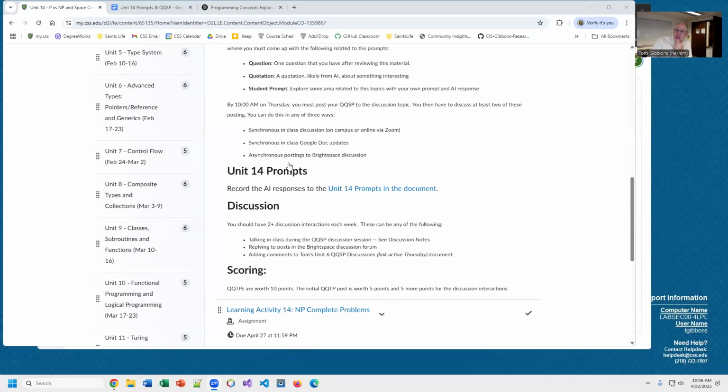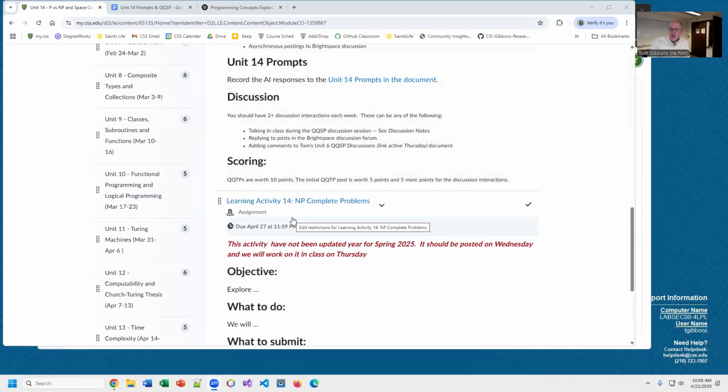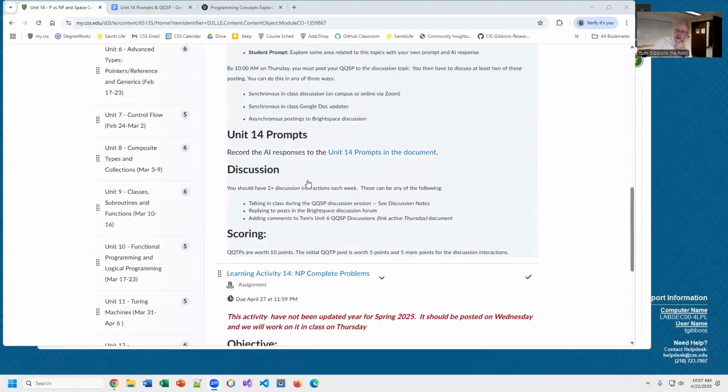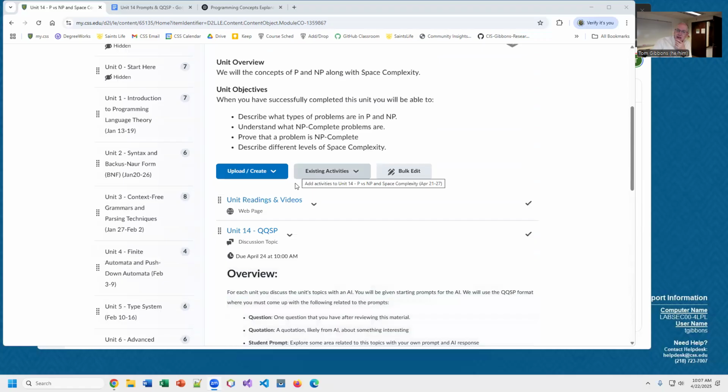For the learning activity this week, we'll have you walk through some proofs of showing how one NP problem can be reduced to another NP problem, basically showing that a problem is NP complete. But to get there, we've got to understand what NP is versus P, and that's what we're going to start with today.